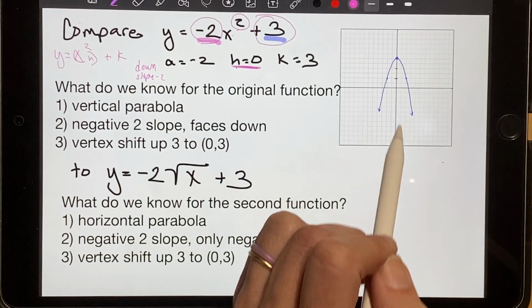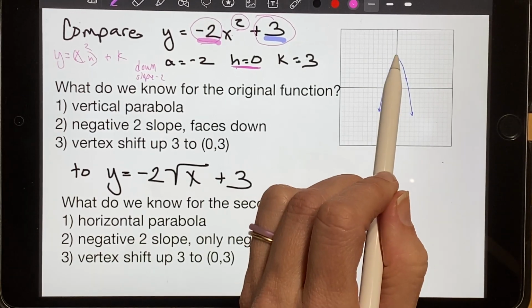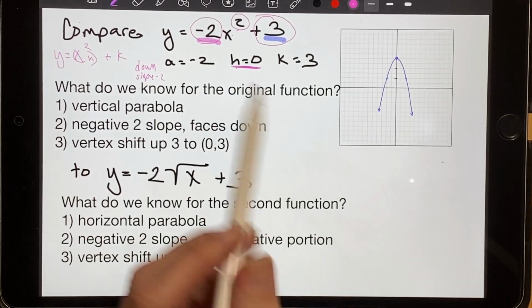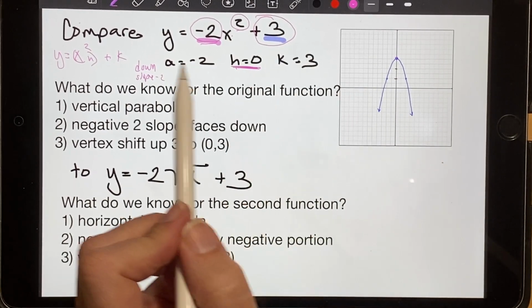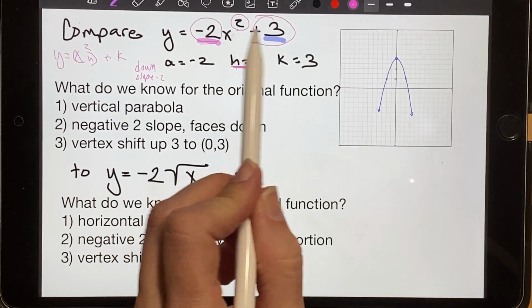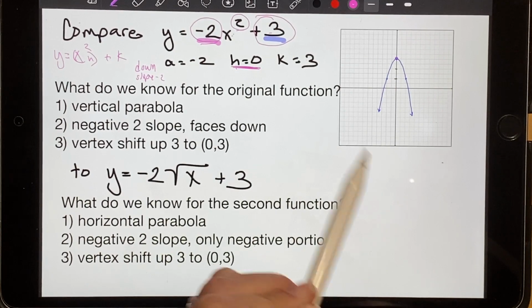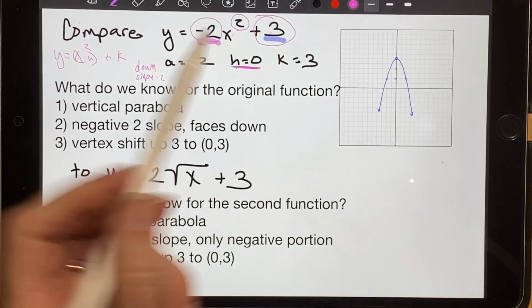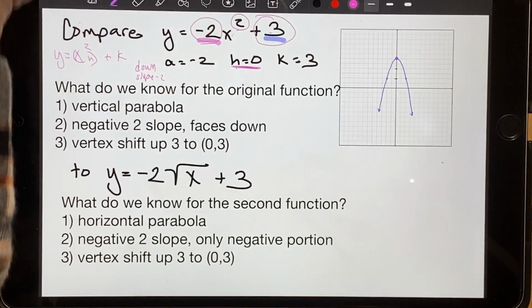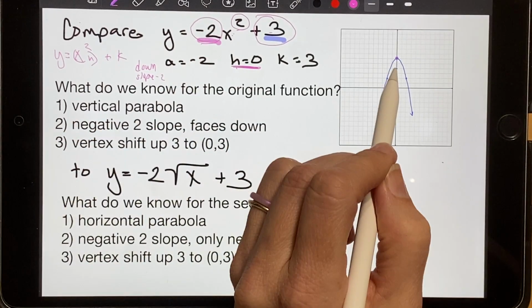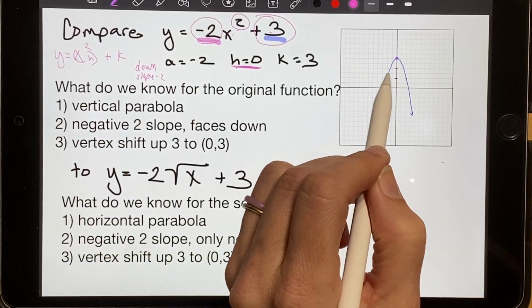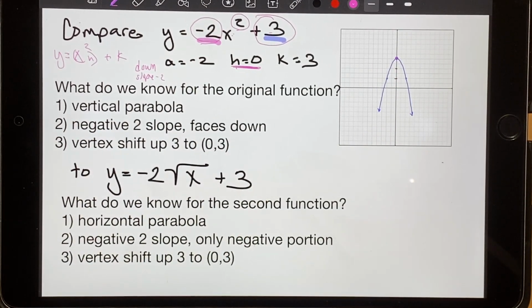So it means our vertex has been moved along the axis to positive 3. So if we were to graph this, we could say, hey, my vertex is at 0, 3. I can put that little mark. I've got a negative, so it faces down. I'm going to go down 2 over 1 and place my very first 2 points. And I've got 3 points, and so I can graph that.